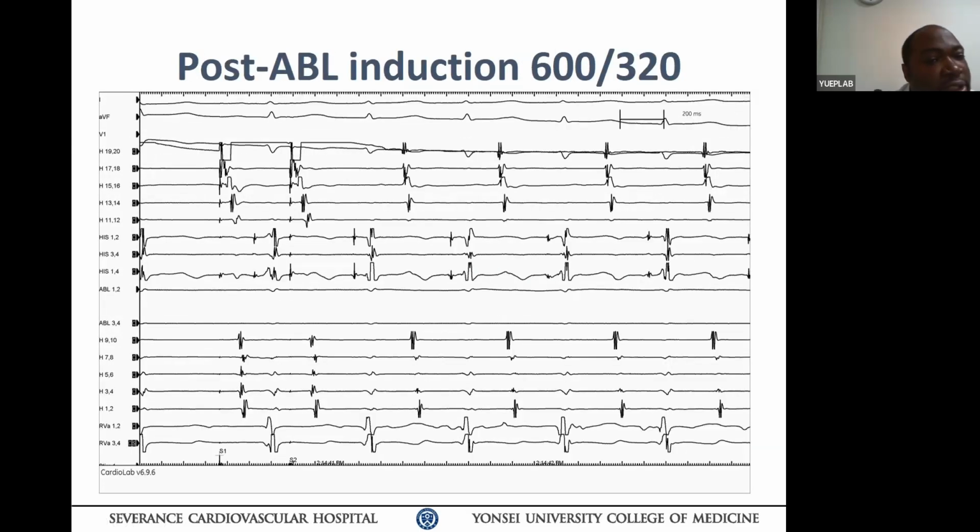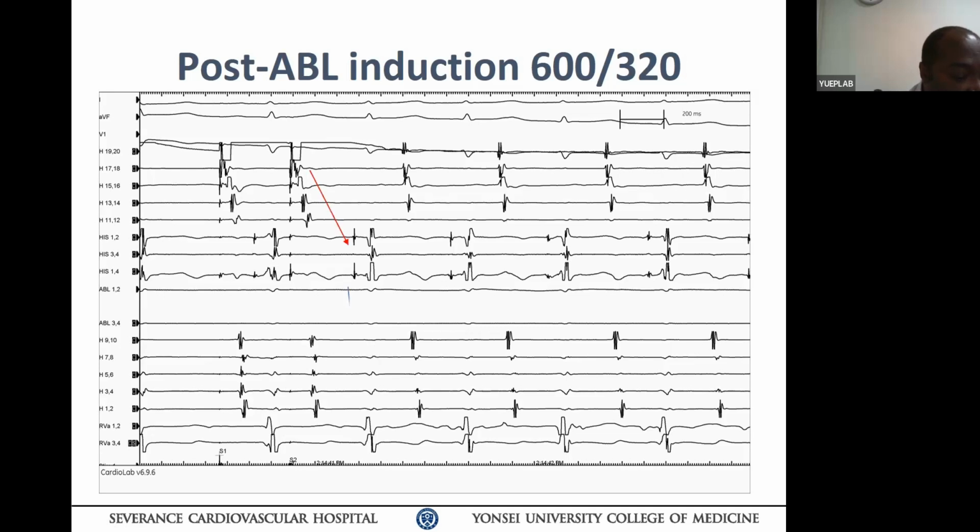Now, after ablation, EP study of single extra atrial stimulus testing again elicited tachycardia, but this had the morphology of the second tachycardia, not the first tachycardia, where we have the long VA interval.